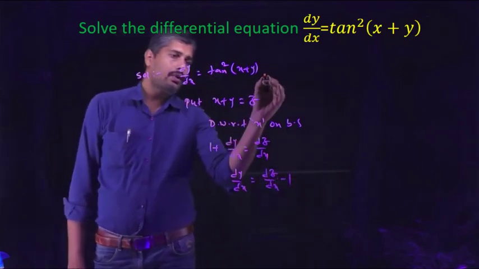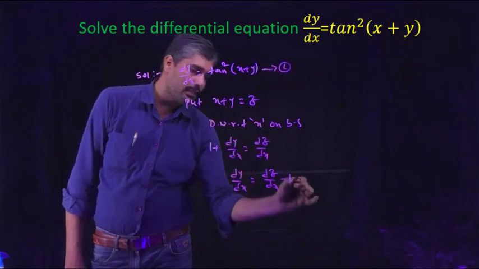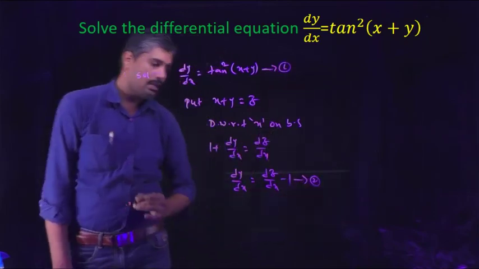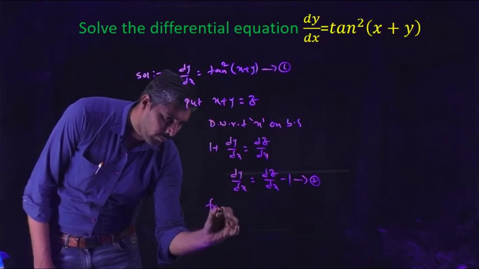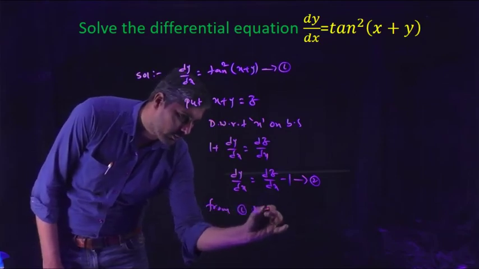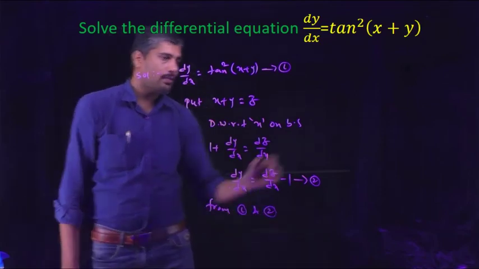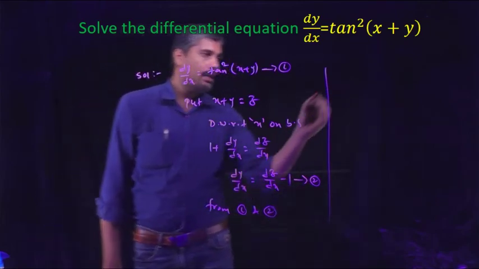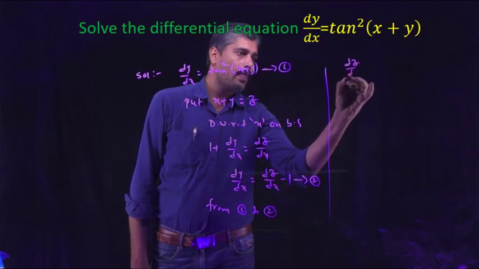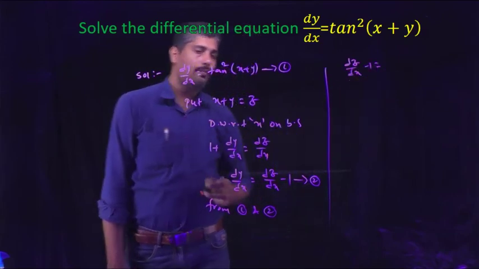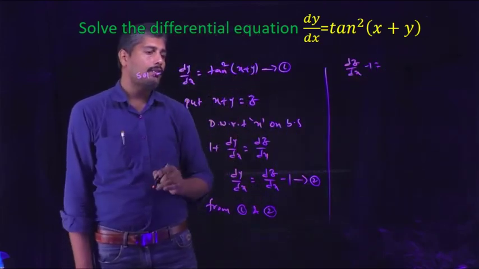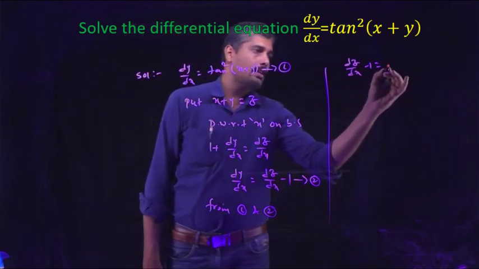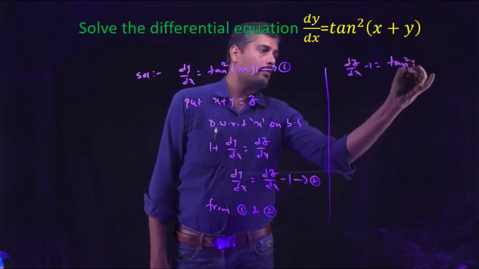Take this as equation number 1 and this as equation number 2. From 1 and 2, in place of dy by dx we substitute dz by dx minus 1 equal to, here x plus y we took as z, that is tan square z.